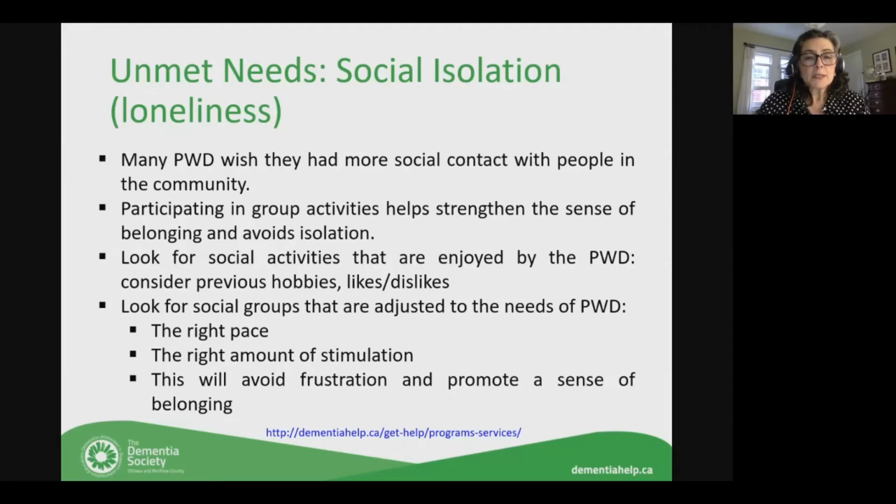But of course, someone who has dementia has even less social contact with people in the community. And it is sometimes very difficult to participate in group activities because of some of their functional issues. And of course, the other issue right now, in the wake of the COVID situation, is that we're not having opportunities for groups and activities outside of the home. So there's even more isolation.